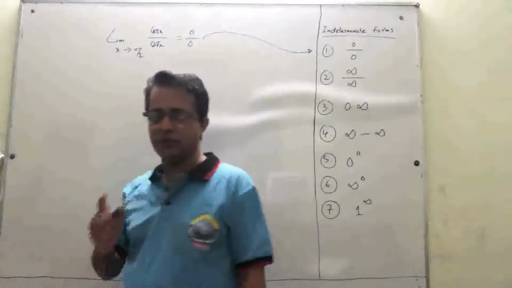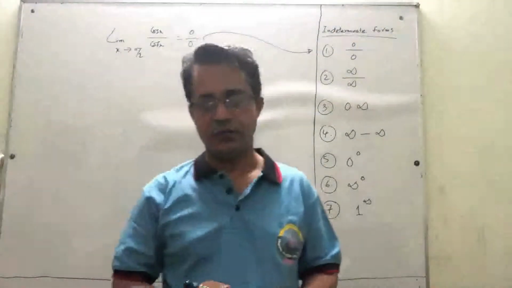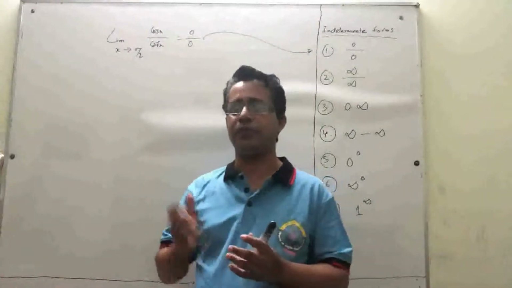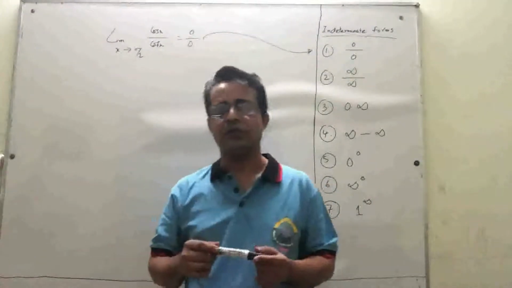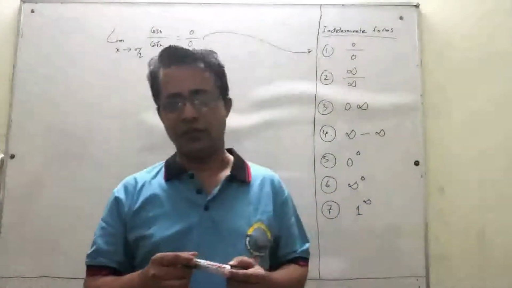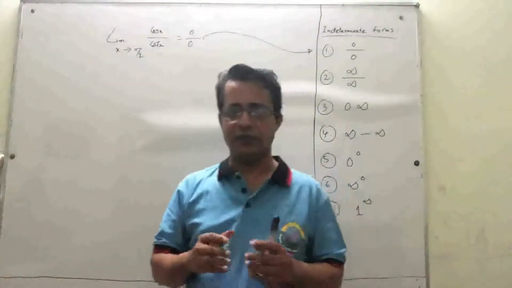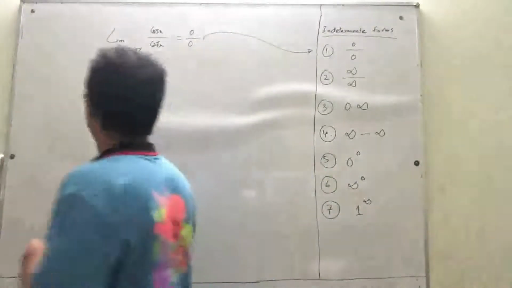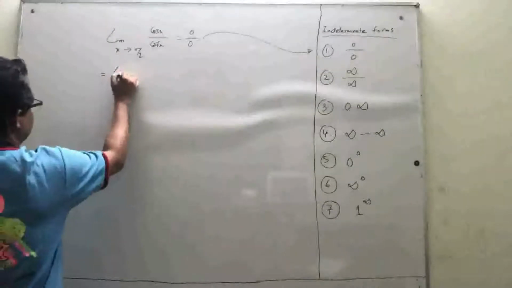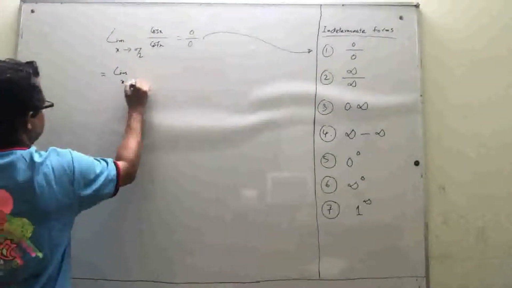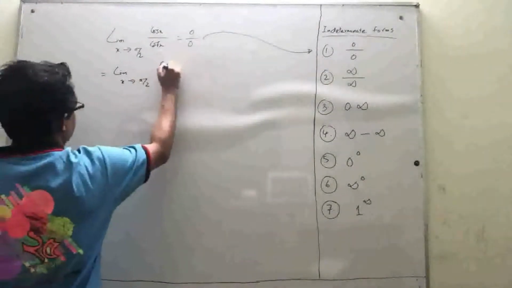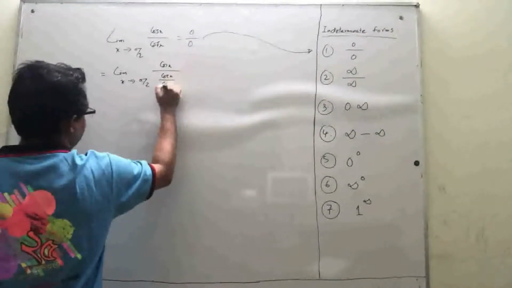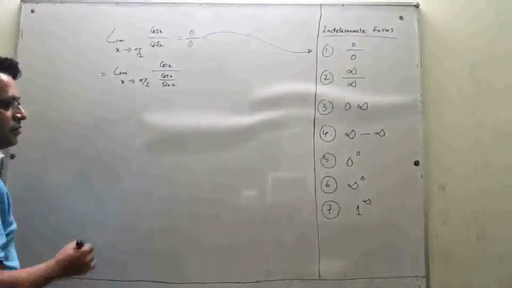So if we want to calculate the limiting value, then we will have to remove this indeterminate form from this limit. As an HSC level student, we can easily remove this by trigonometrical transformation. So we can rewrite this limit x tends to pi by 2 of cos x over cos x divided by sin x, which is the formula of cot x.